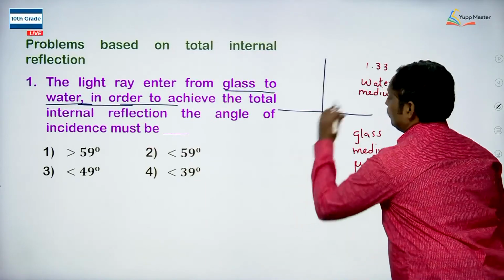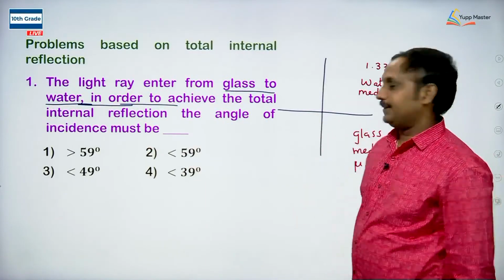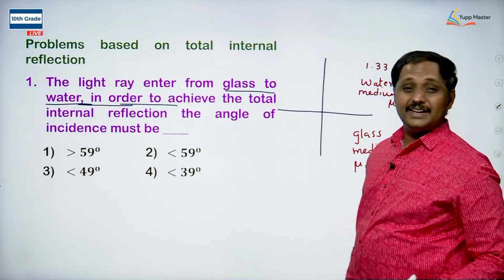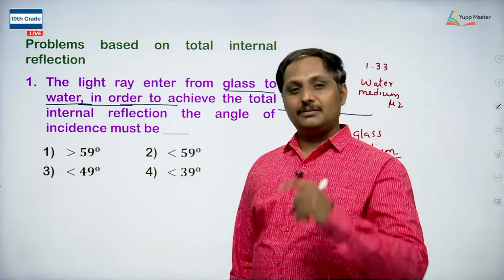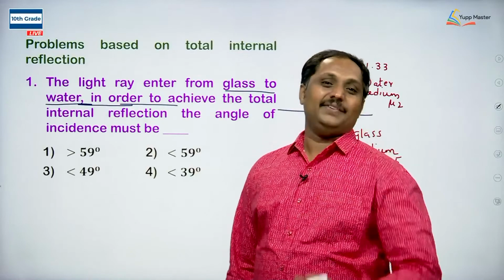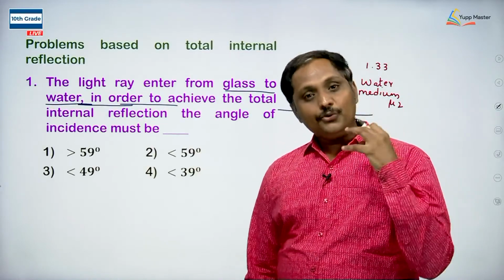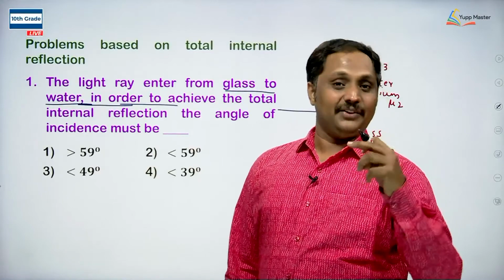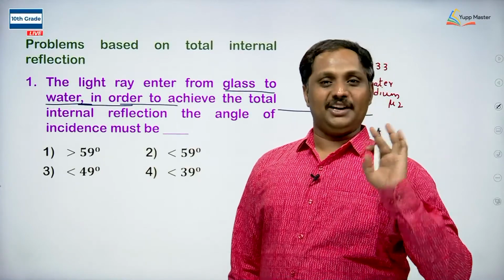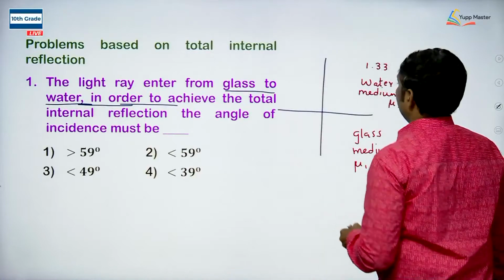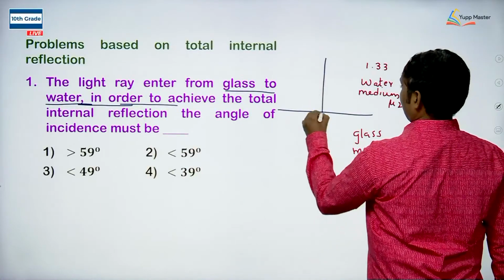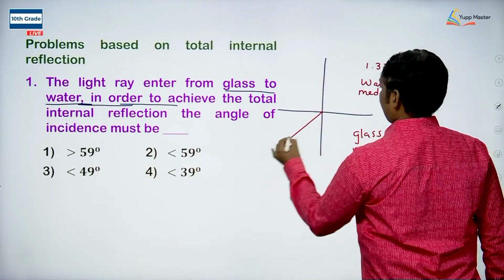To achieve total internal reflection, what do you have to do? I know that the critical angle is a reference angle to decide at which angle it goes to refraction or total internal reflection. Let us calculate the critical angle.